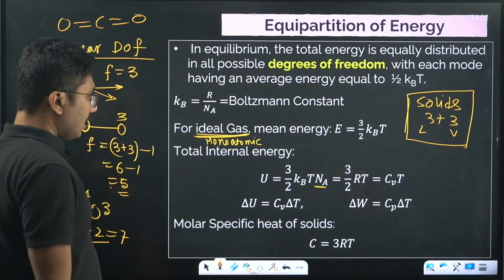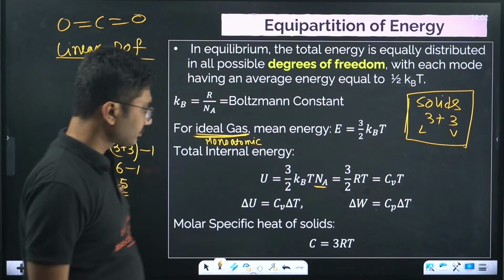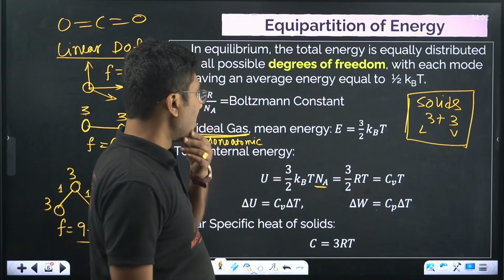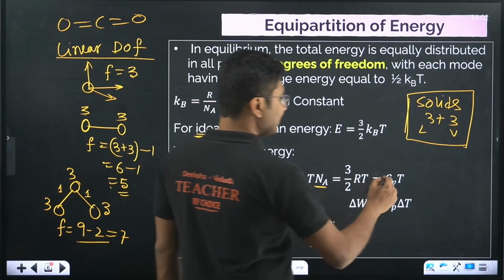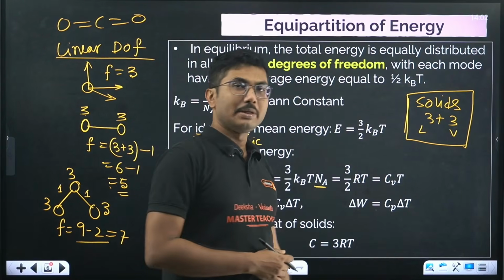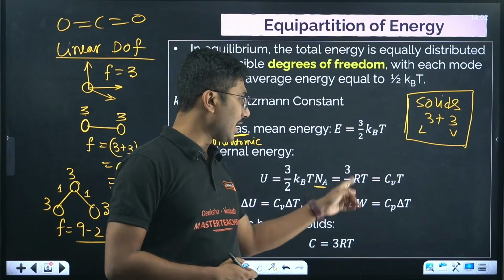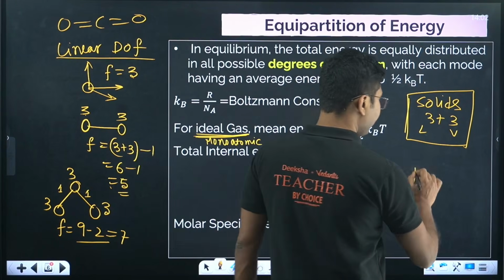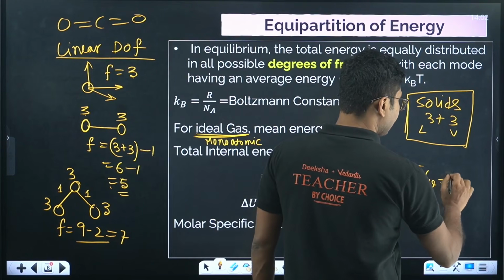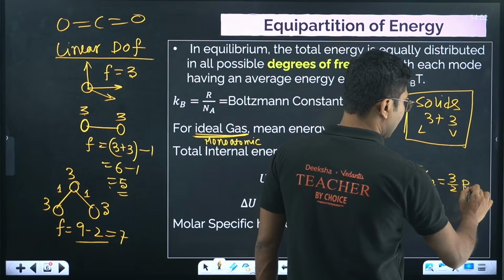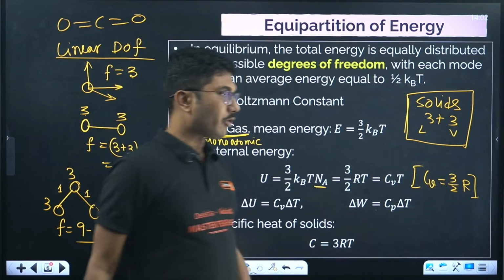Now, total internal energy is 3 by 2 RT. 3 by 2 R is actually CV. CV can be calculated as 3 by 2 into R. Again, derivation is not important.